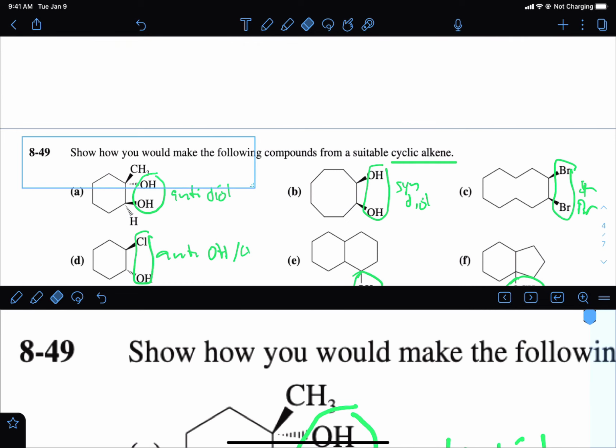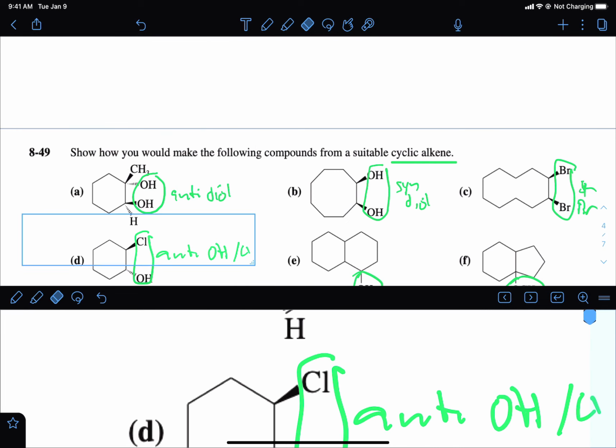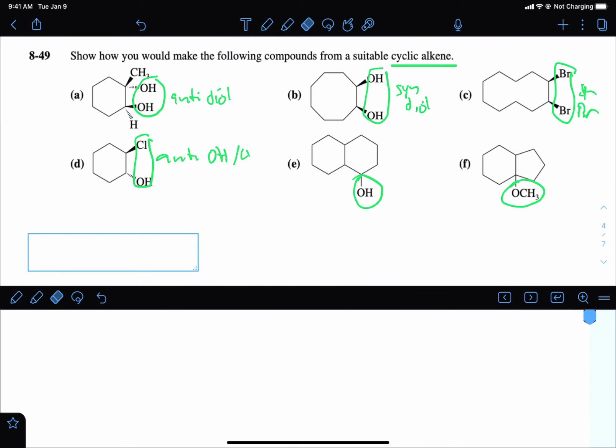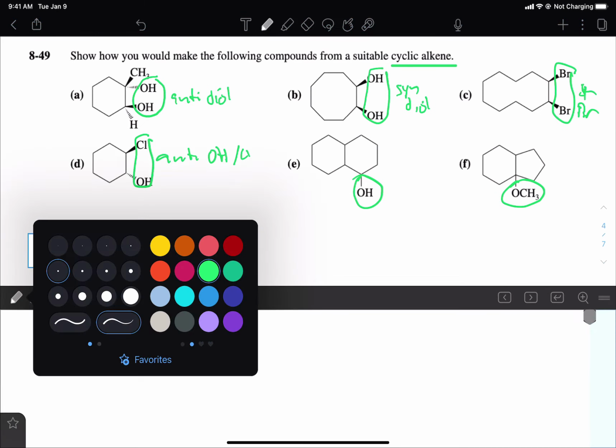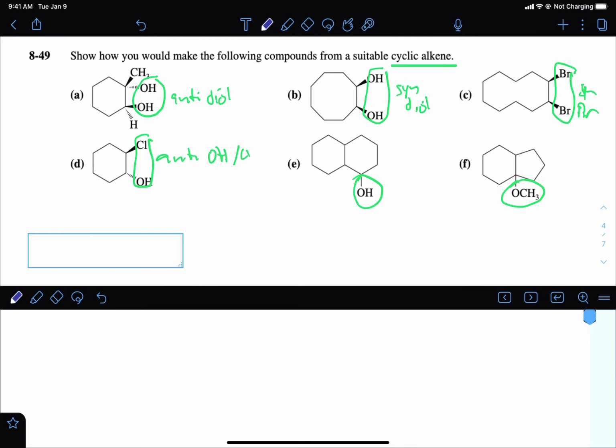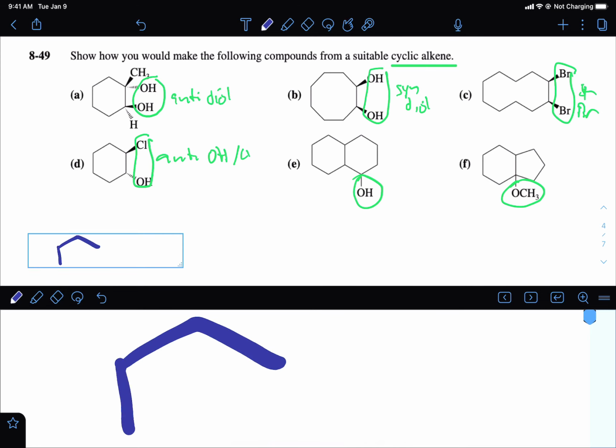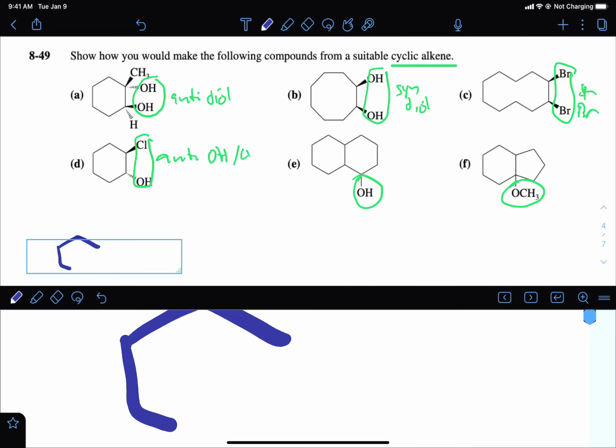For example, we learned how to make antidiols. How do we make antidiols? We do it by making an epoxide and then opening that three-membered ring under acidic conditions. So to get there, let's start with our cyclic alkene as per our requirements.